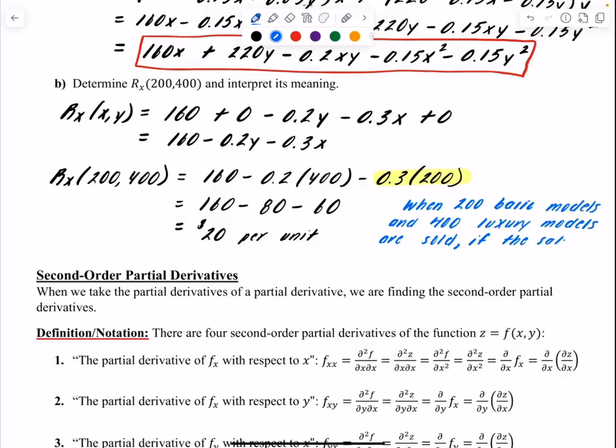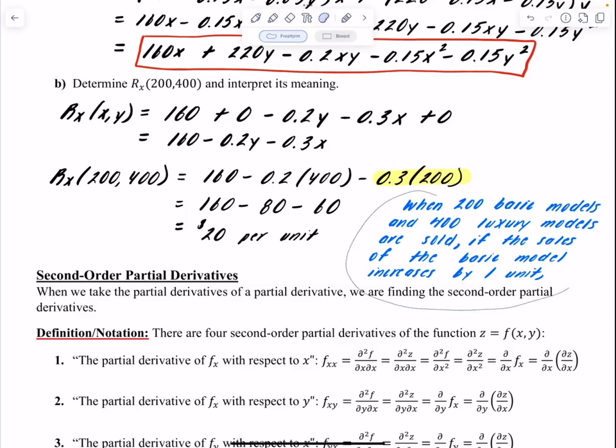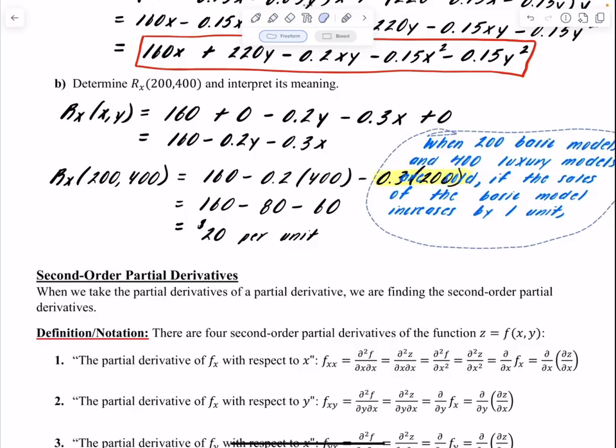If the sales of the basic model increases by 1 unit. Okay, I'm gonna need to move this so I have more space.